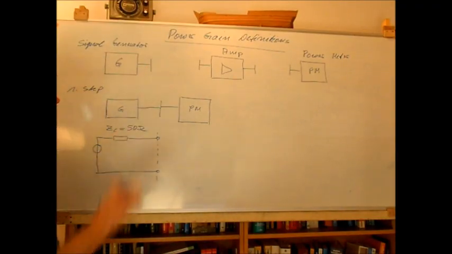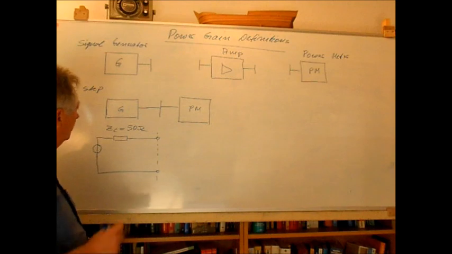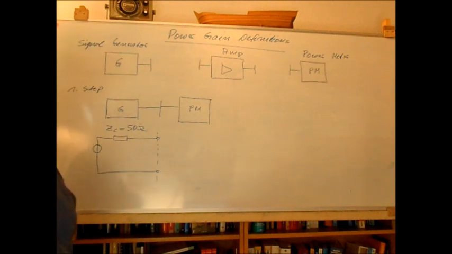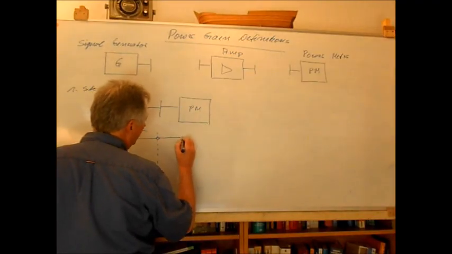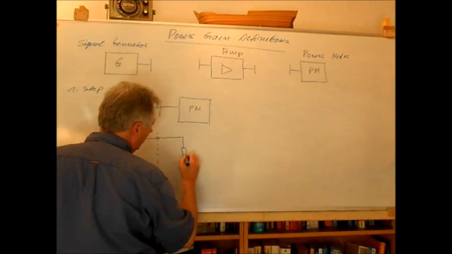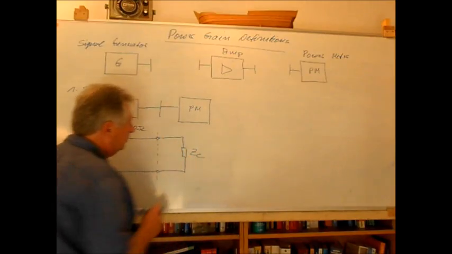So they are normally constructed for a certain system of characteristic impedances, and this is in most cases in RF engineering a 50 ohm system. So also the power meter itself will have an input resistance of the same characteristic impedance.